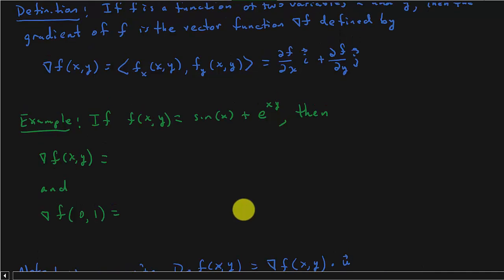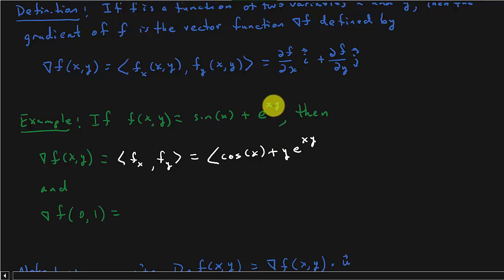Well, there's your formula here. It's just the partial of f with respect to x, partial of f with respect to y. The derivative of sine is cosine, and then the derivative of e to the xy is e to the xy times the derivative of the exponent, so that's y.